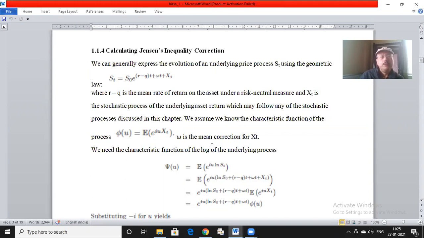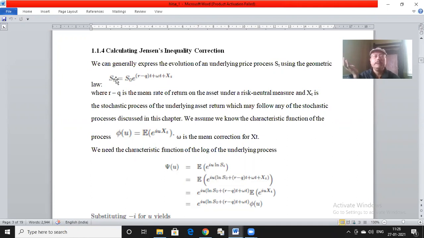What is omega? Omega is the mean correction for xt. Because I have not said that x has mean 0 or anything like that. So whatever may be the mean of x, we have to adjust through an additional term. We will see how we evaluate this term so that the expectation of st remains consistent.